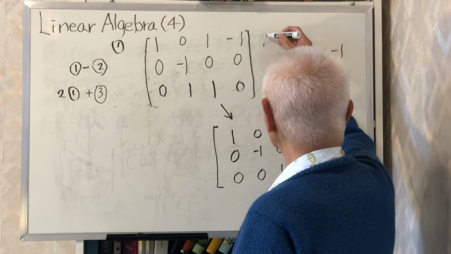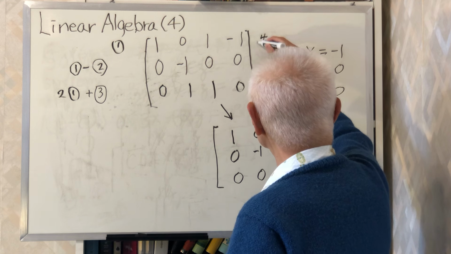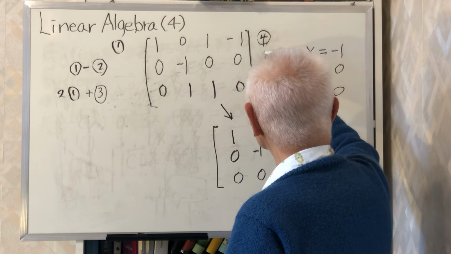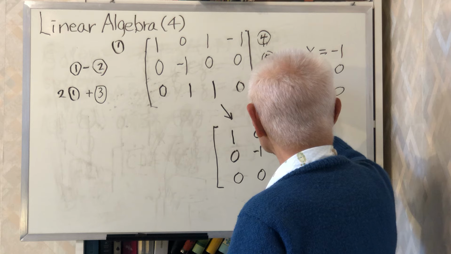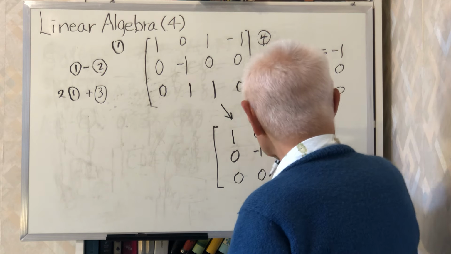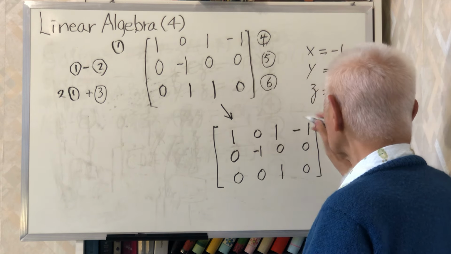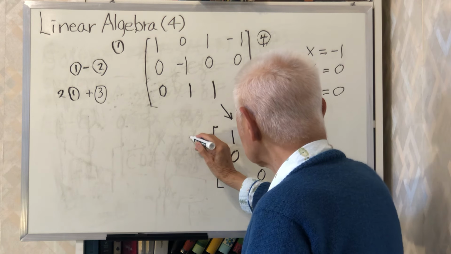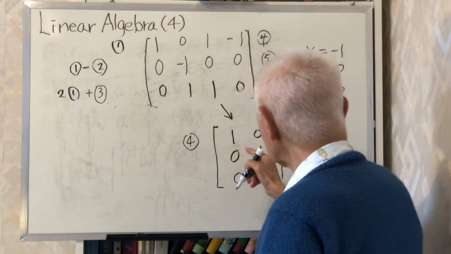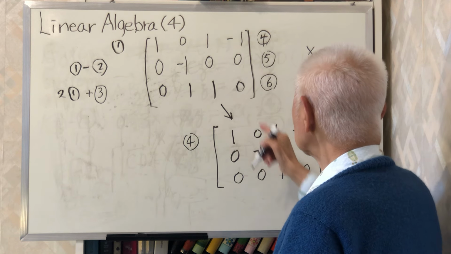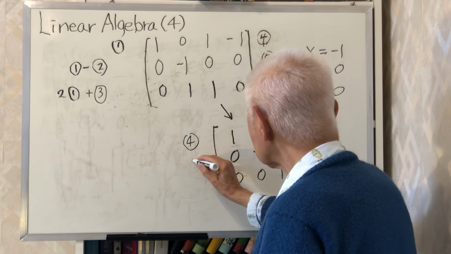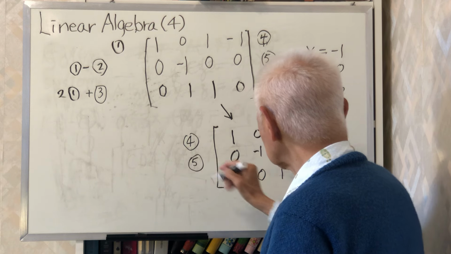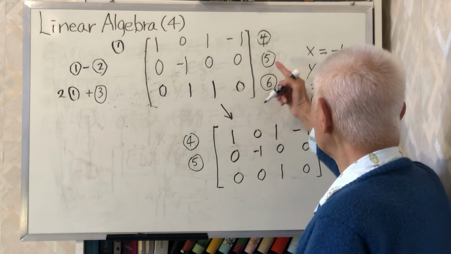So I can call this 4, 5, 6. So how do I get this? This is just 4. And this one is just 5. And this is just 5 plus 6.